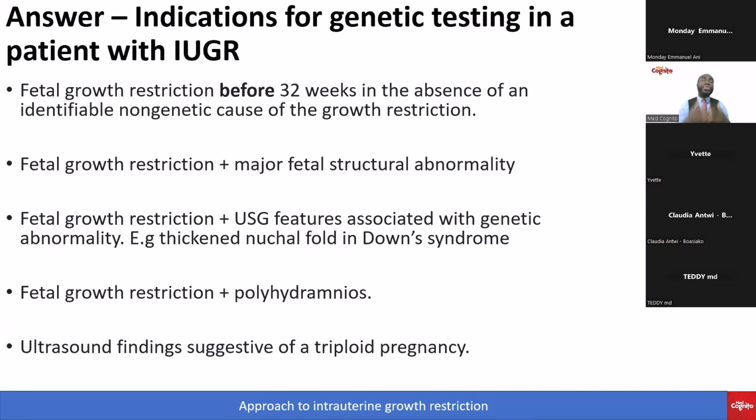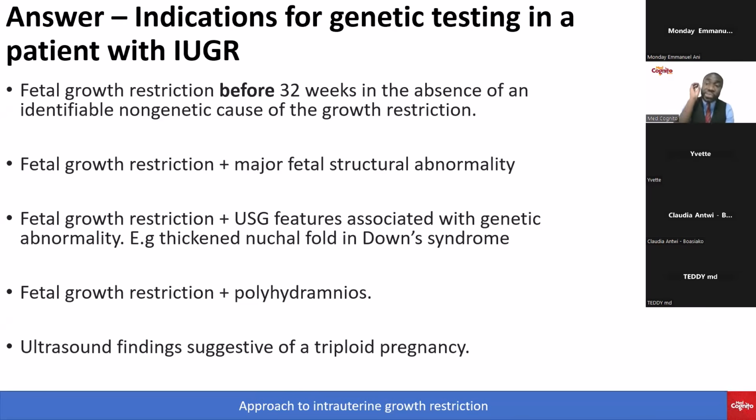So if your ultrasound features are pointing towards a particular genetic abnormality, then you want to do genetic testing. Then fetal growth restriction plus polyhydramnios, you want to do genetic testing. And ultrasound findings suggestive of triploid pregnancy, so whatever triploidy you are concerned about. So these are some of the indications for genetic testing.